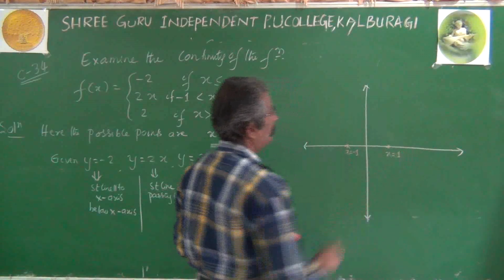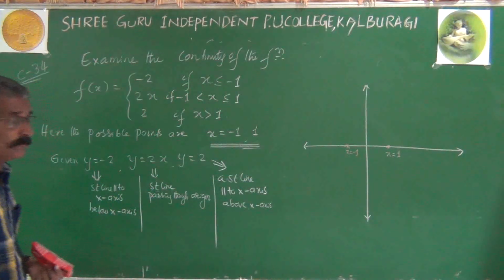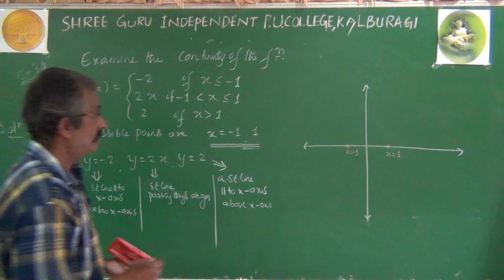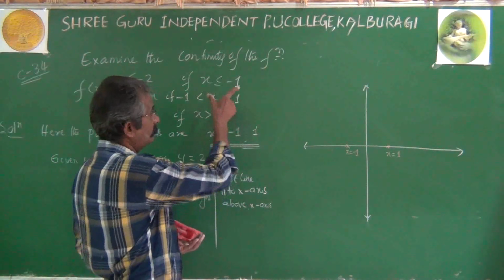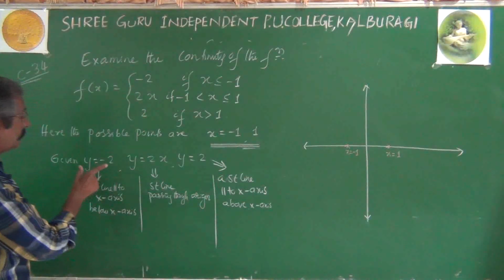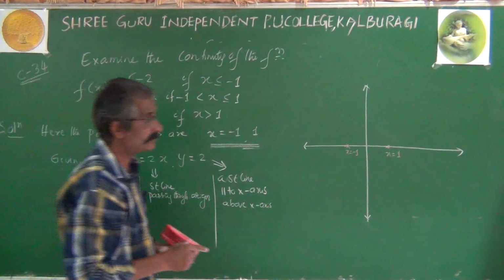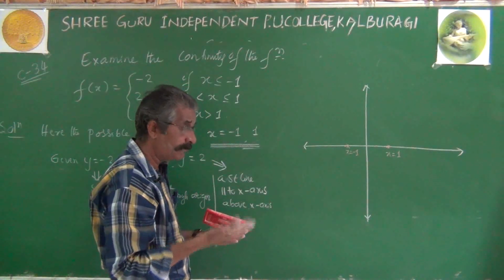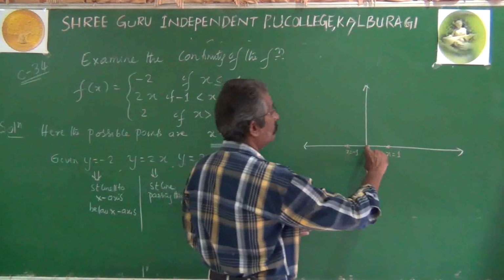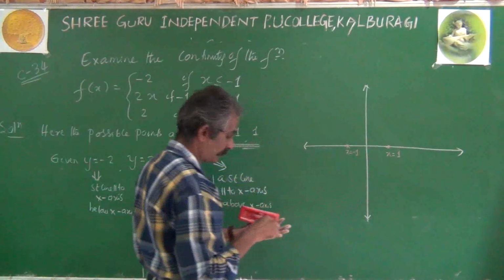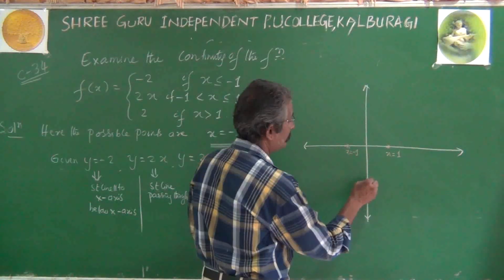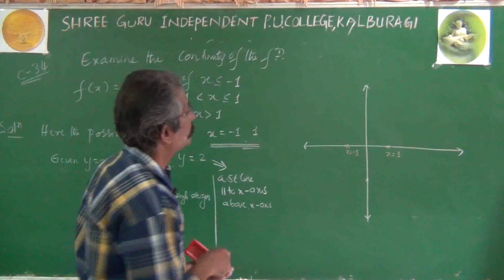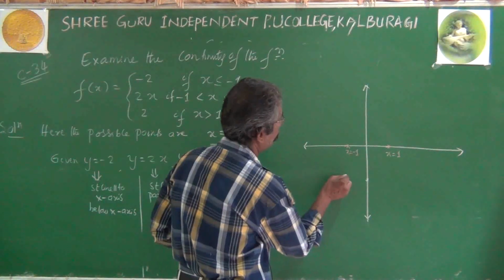It's approximate, but even in approximation it should be correct, not too approximate. And when x is less than minus 1, what we are given is y equal to minus 2. It means a straight line parallel to the x-axis, below the x-axis. This is y equal to minus 1 and y equal to minus 2. This is our straight line.